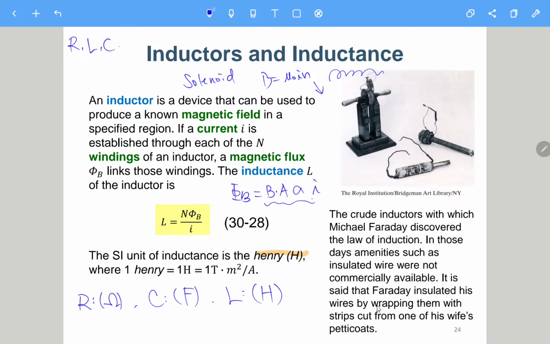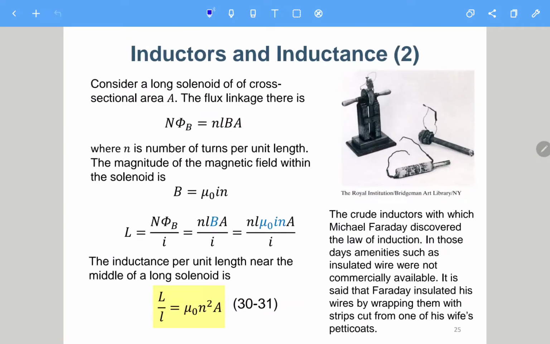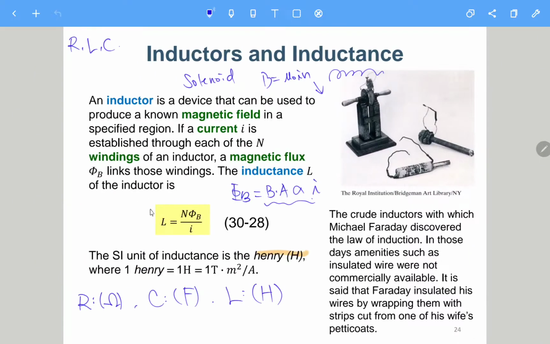So the petticoat was sacrificed for the development of physics. Like this one from the Royal Institution library, created by Faraday.